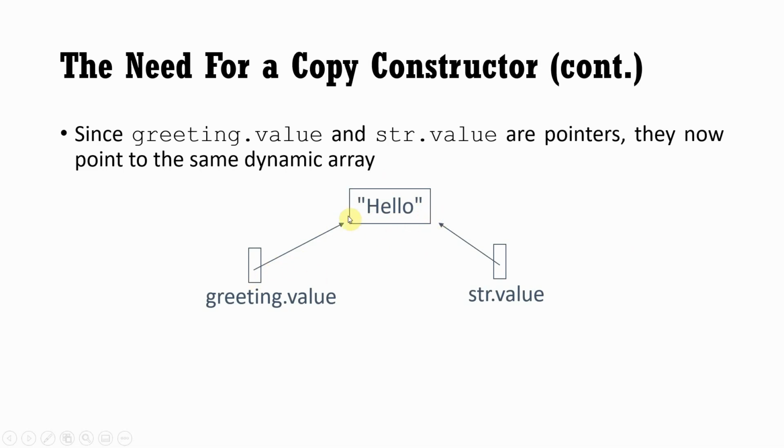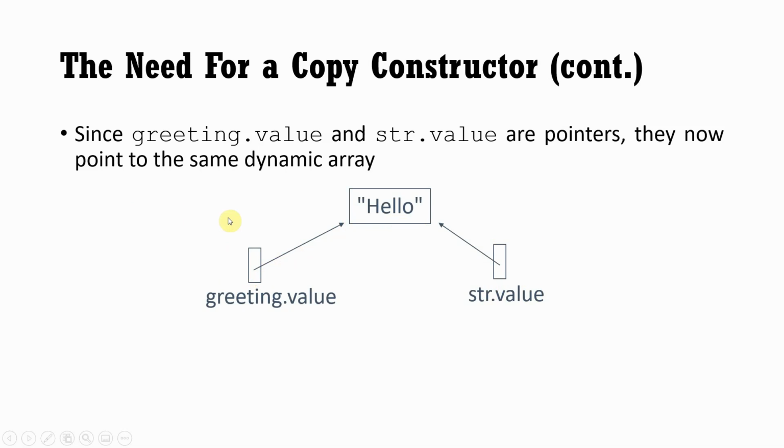It didn't create a version of this array for the str object. It only copied the content of this pointer into this pointer. So now we end up with two pointers pointing to the same array.